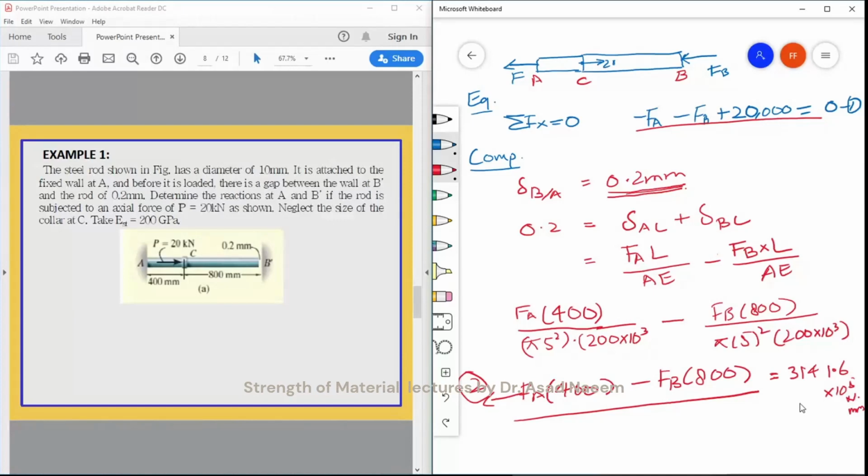Now we can simply put the values by calculating simultaneously, and then we can have the forces. So FA will come out to 15.95 kilonewton, and FB will be equal to 4.05 kilonewtons.